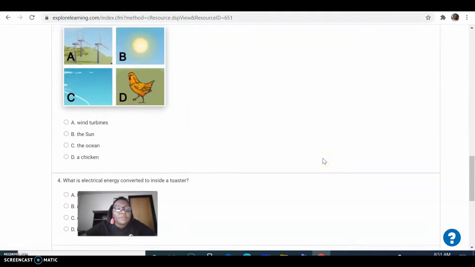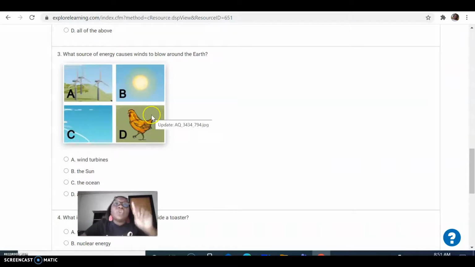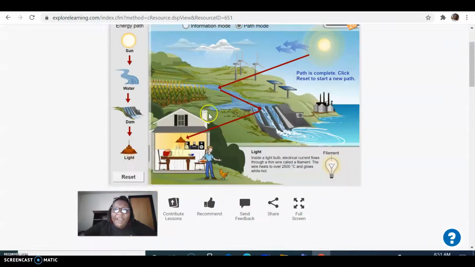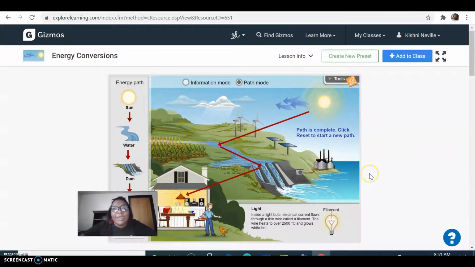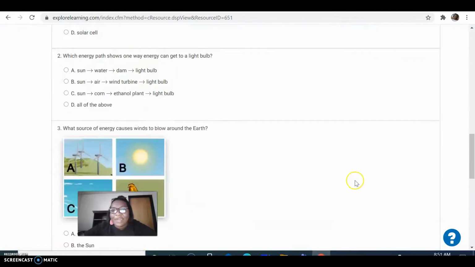Number 3, what source of energy, this is our power source, what source of energy causes winds to blow around the world? To find that out, you may want to click on each of these objects in our environment to find out which one it is. I promise it gives you the correct answer.